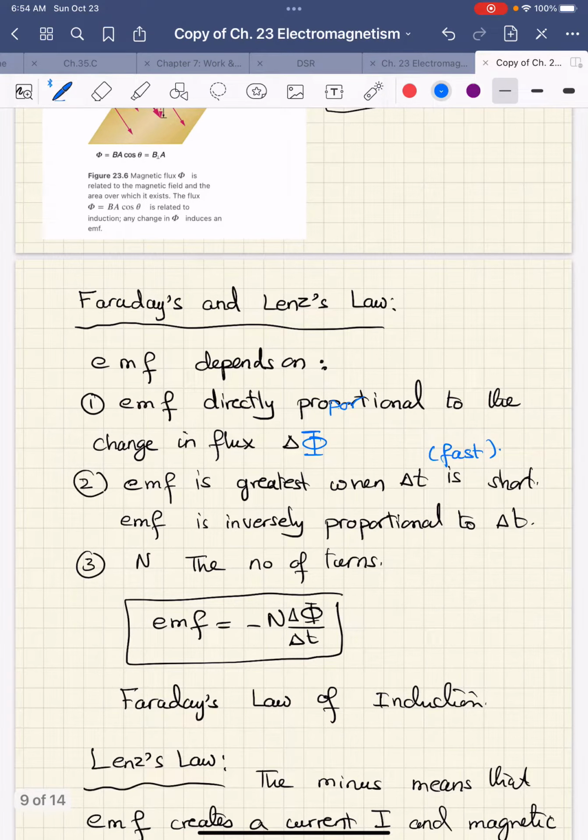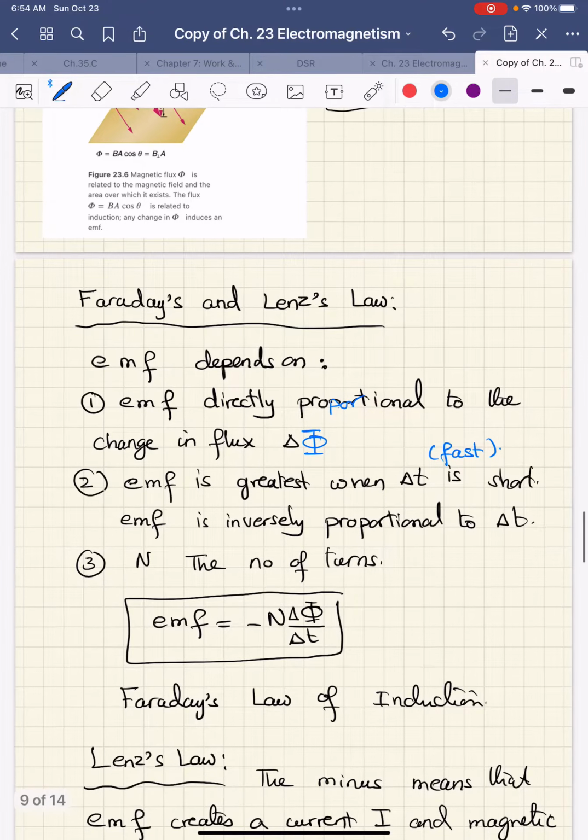Then, according to Faraday's law of induction, EMF equals minus N, where uppercase N means the number of turns, times delta phi over delta t, where phi is the flux, okay?